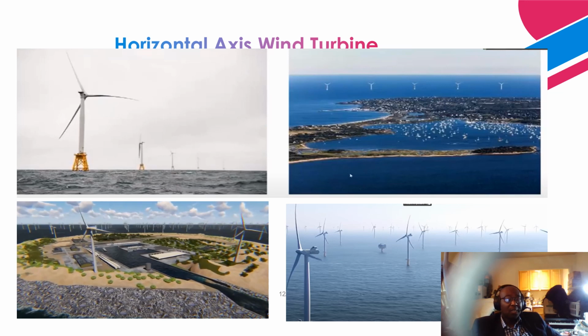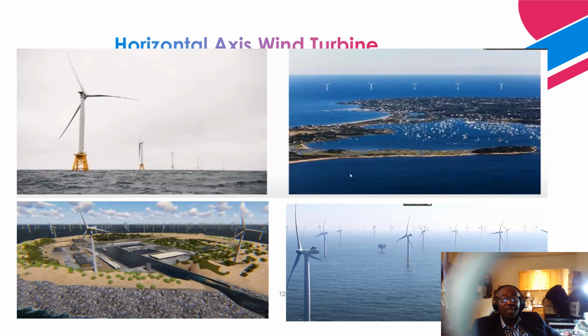And this is another picture of a horizontal axis wind turbine. It's utilizing an energy island to distribute the wind power that is harvested from these wind turbines. Next is another picture of what a horizontal axis wind turbine looks like in a typical sea or ocean environment.